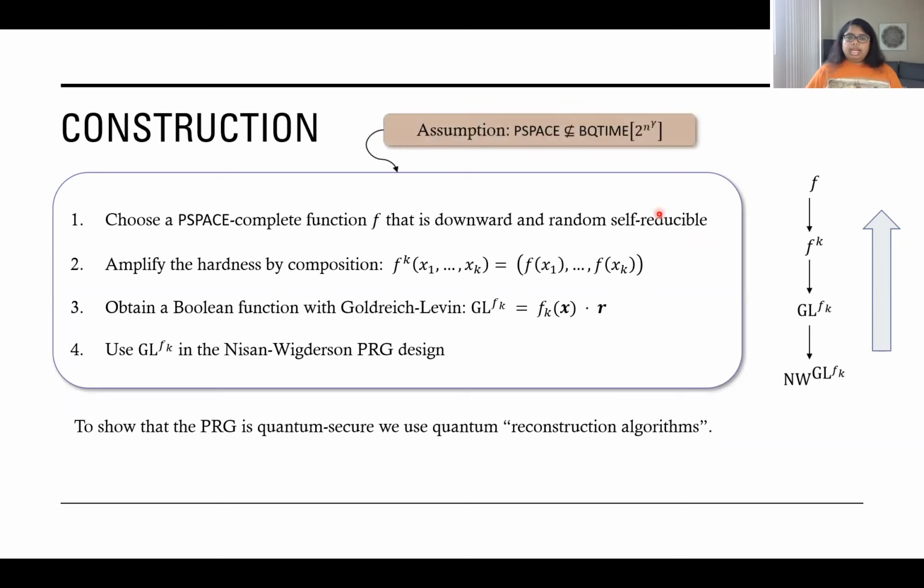Our assumption was that PSPACE was hard for sub-exponential quantum time. So what you precisely want to prove is that if this has a distinguisher that succeeds, then there exists some gamma such that PSPACE can be solved in sub-exponential quantum time. That is the main crux of the construction.